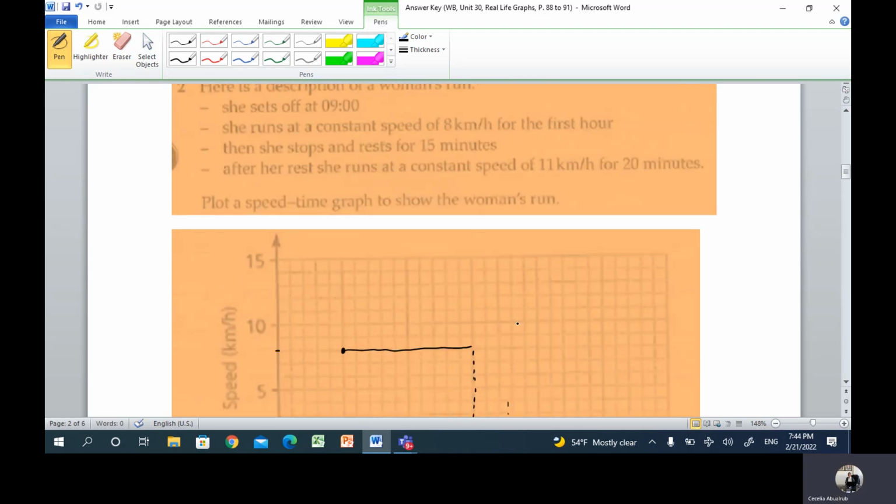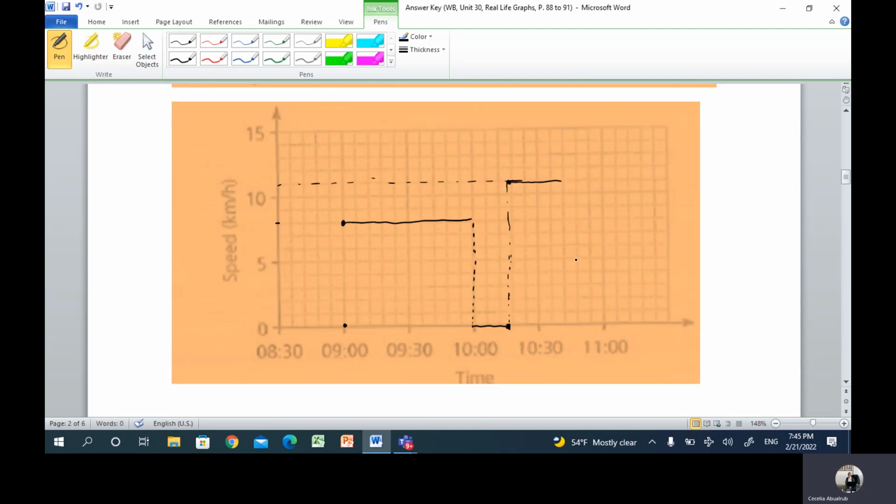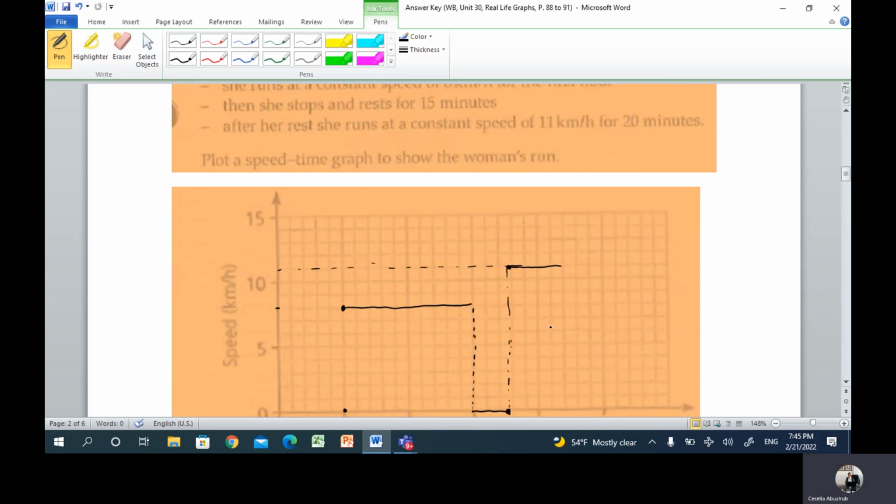After the 15 minutes, after her rest, she runs at a constant speed of 11 kilometers per hour. So we're going to go to the 11, which is here. And let's say approximately she starts from here once again and runs for 20 minutes.